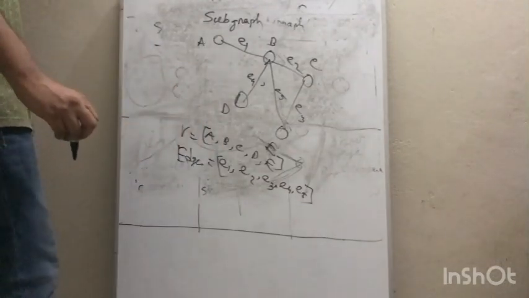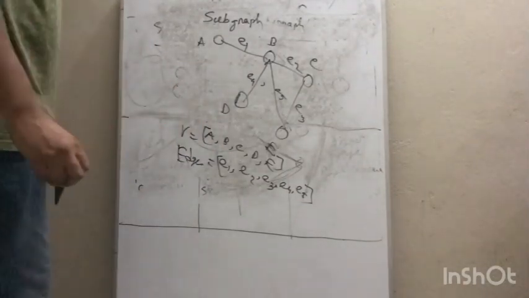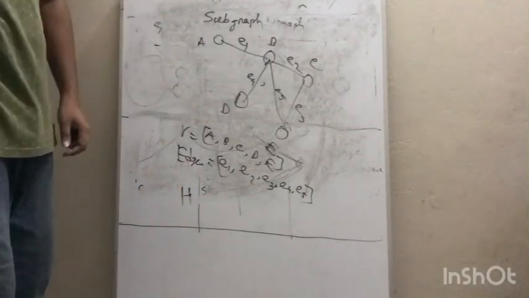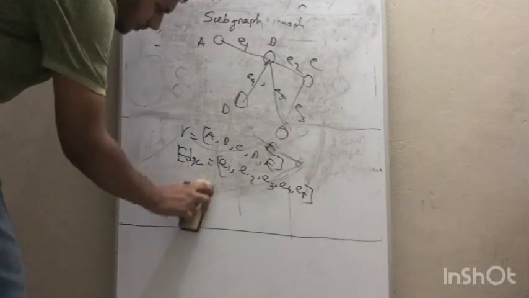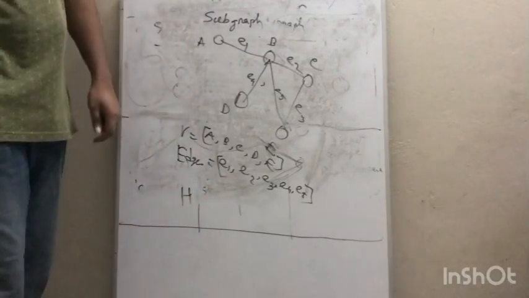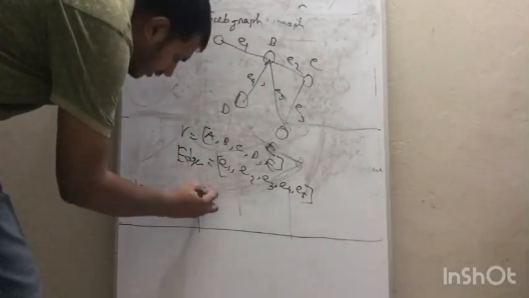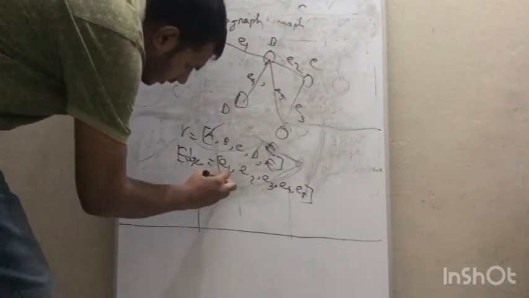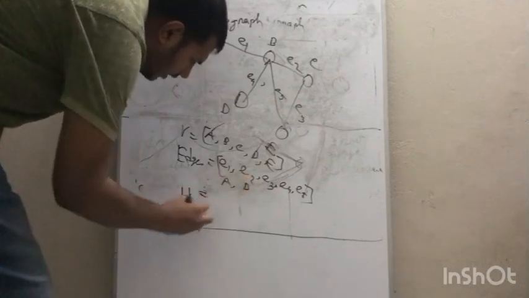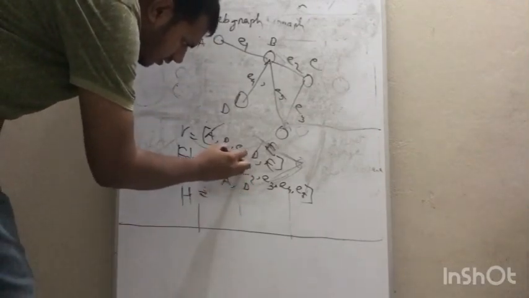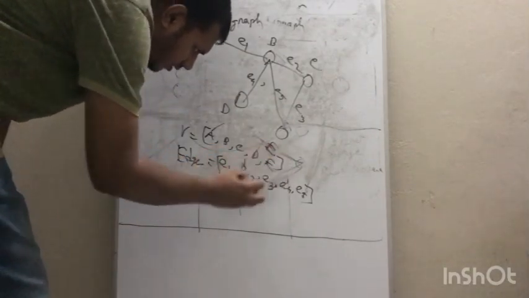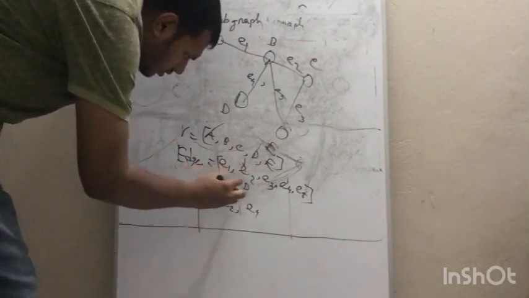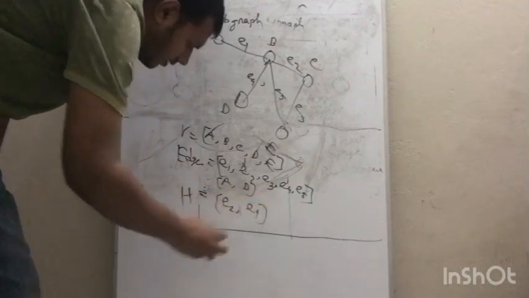Now to make a subgraph H. We pick some vertices, like A and D, and some edges randomly, just choose E2, E4. Let's see how it can be a subgraph.